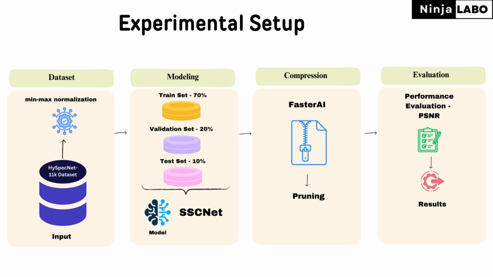For the model, we use the pre-trained SSCNet from the HySpecNet-11k dataset. For compression, we apply only pruning using the model compression framework called fastai. At evaluation, we will compare the performance and memory reduction after compression. We will look into the detail of each stage.